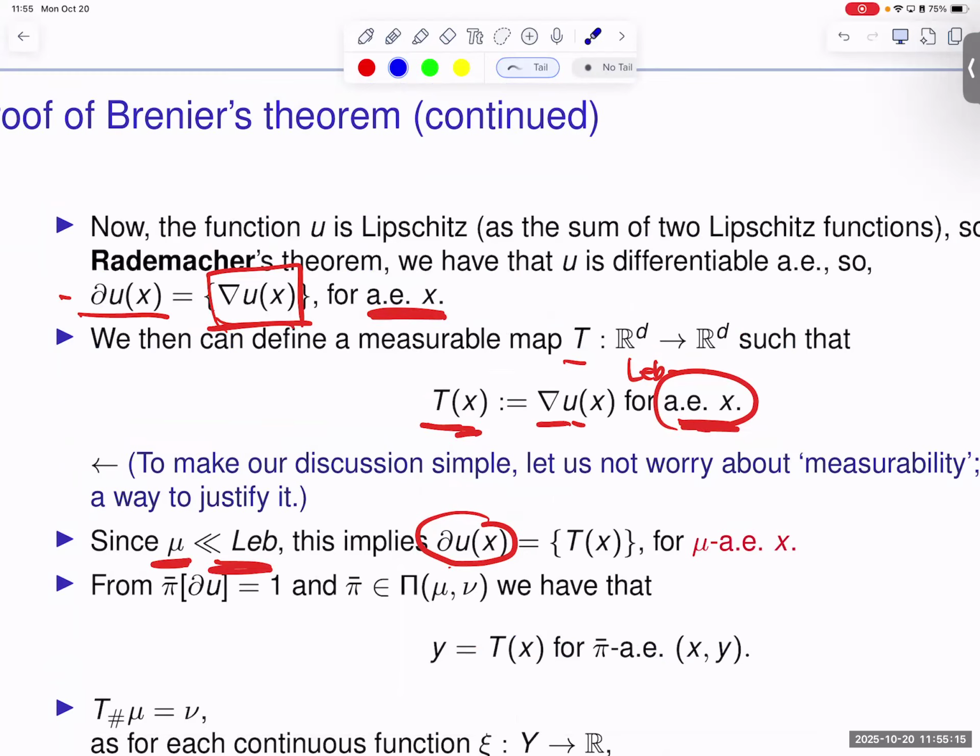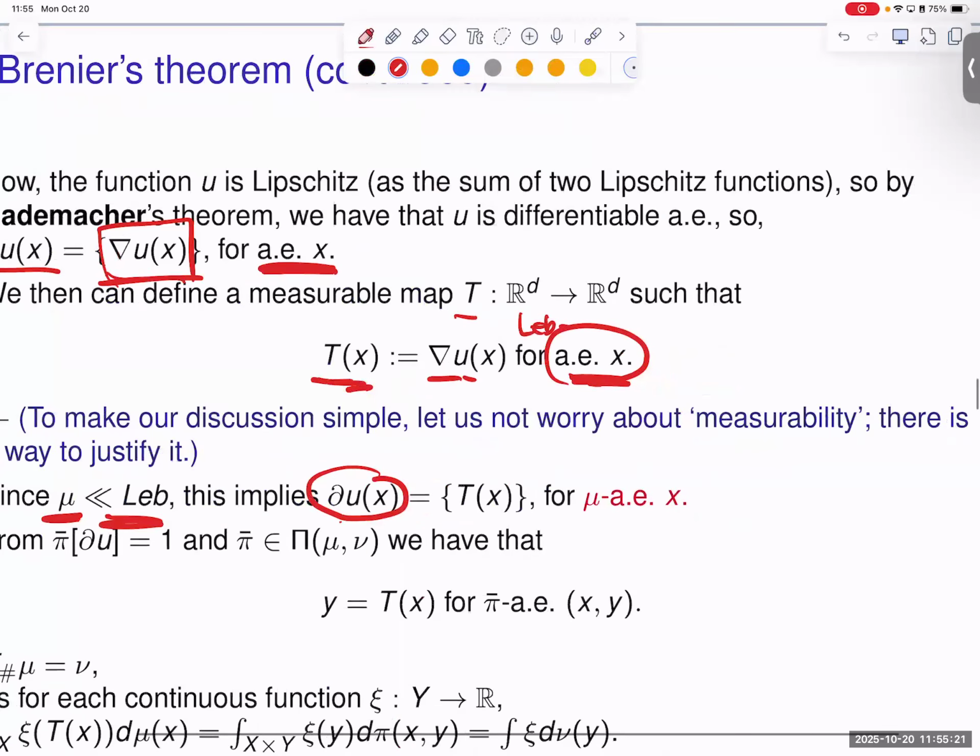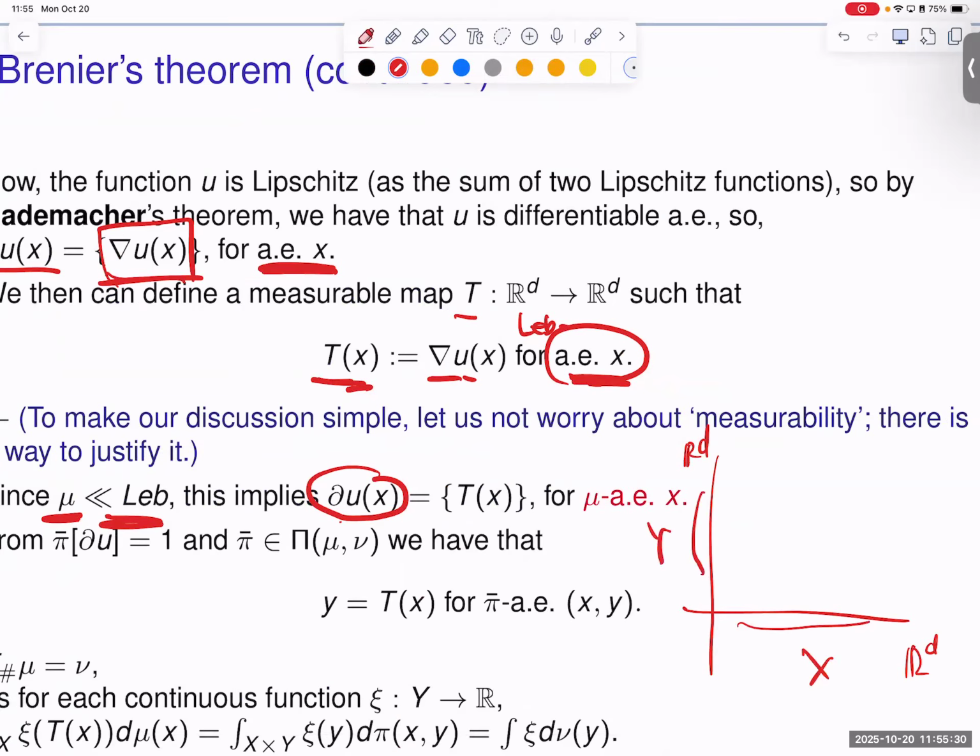Question? So we have in this picture some set X, some set Y, and we have the subdifferential of u, which is the same as the subdifferential of phi bar.